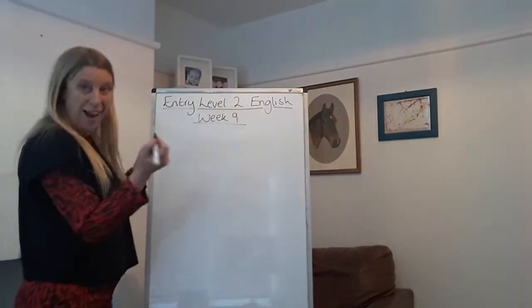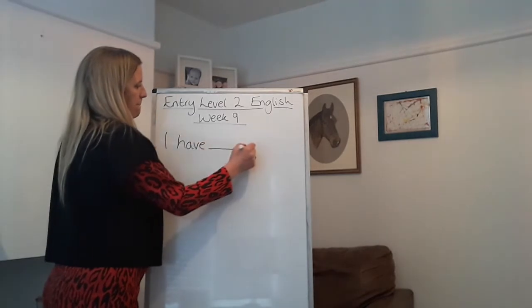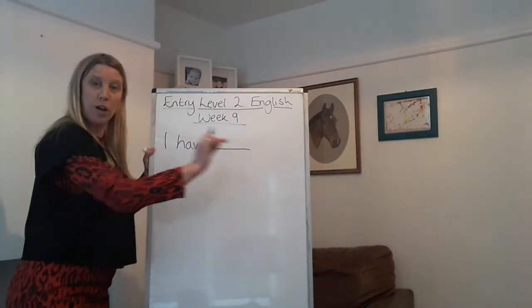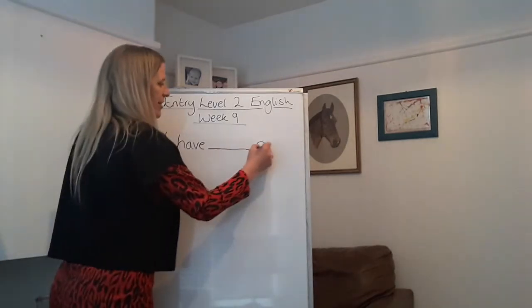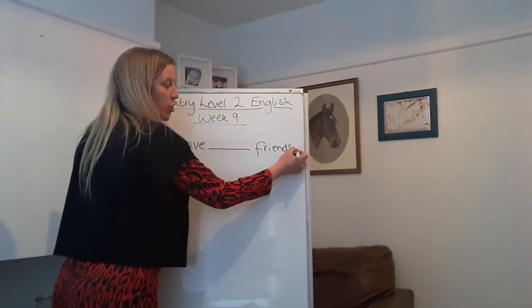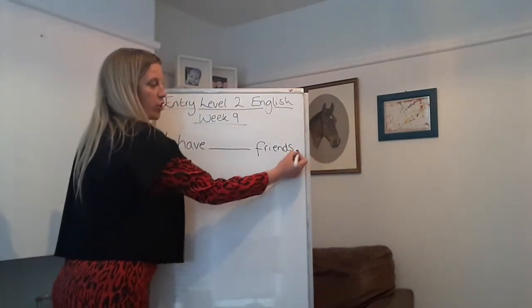And you will write, I have, and you'll put a line. When I say beep, you are going to draw a line. Friends, full stop. When I say full stop, that means you have to put a full stop.